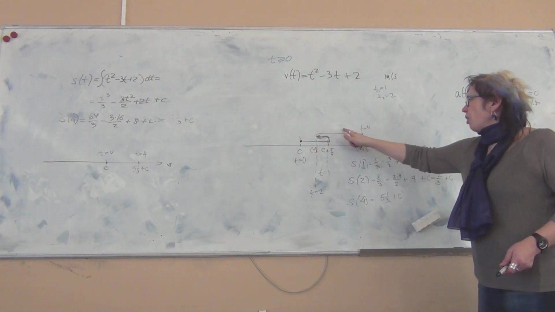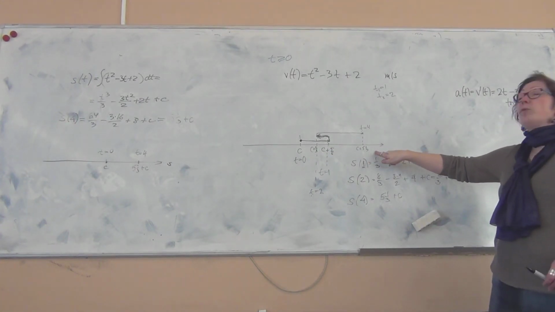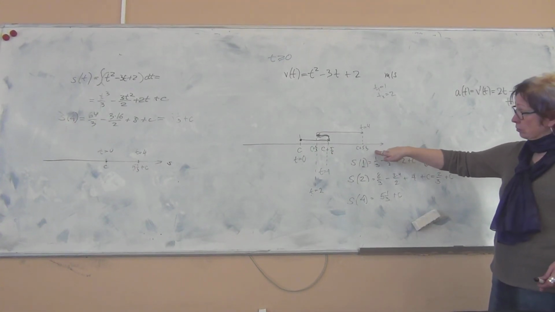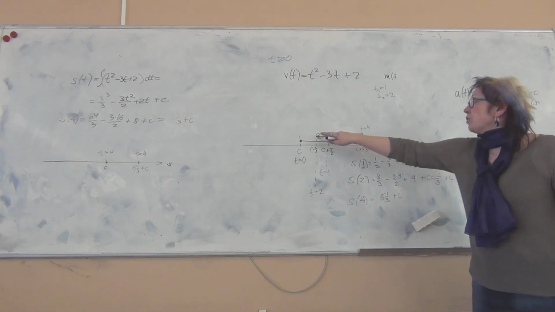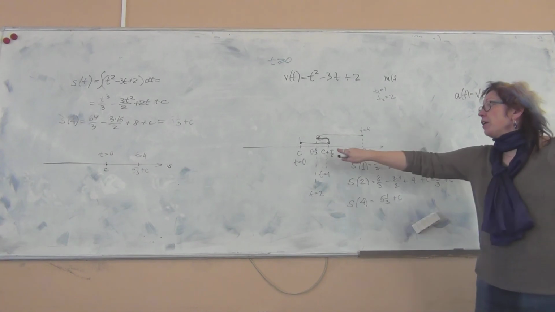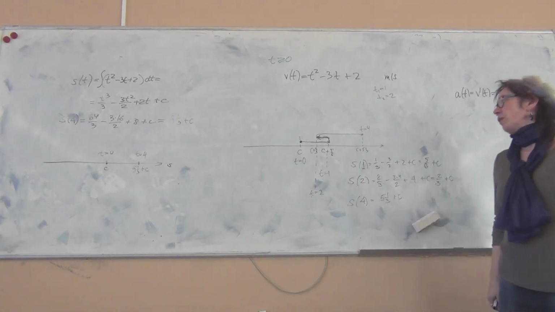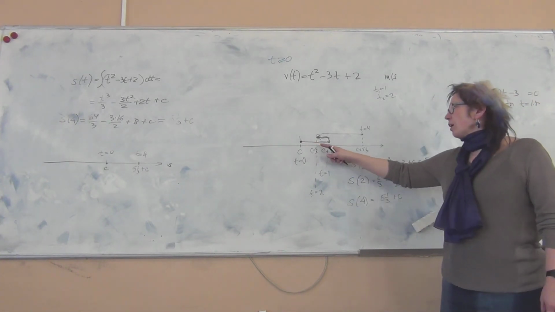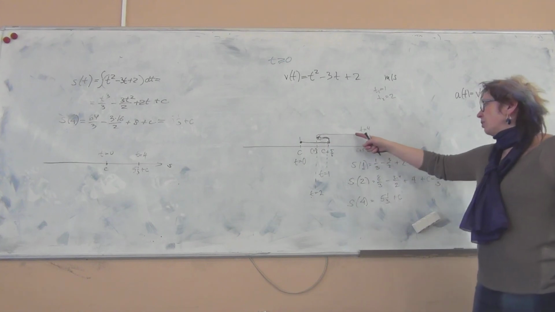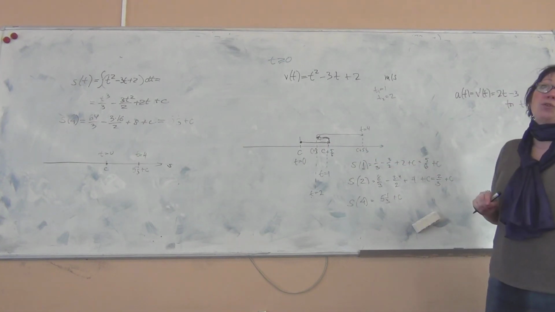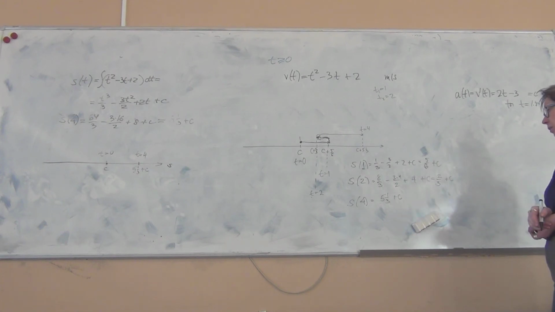The distance traveled from this point to this point will be 4 and 2/3. This distance is 1/6, and this distance is 5/6. So it's 5 over 6 plus 1/6, total 1, and this distance is 4 and 2/3, so it's 5 and 2/3 the total distance traveled.